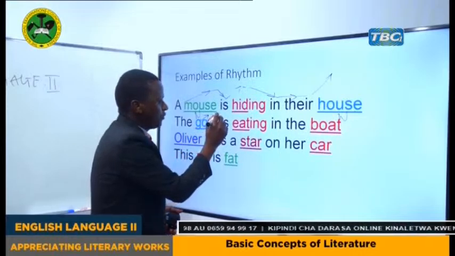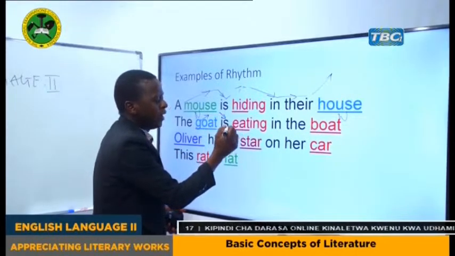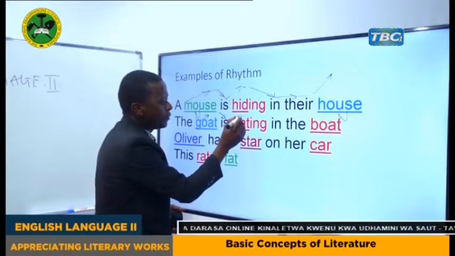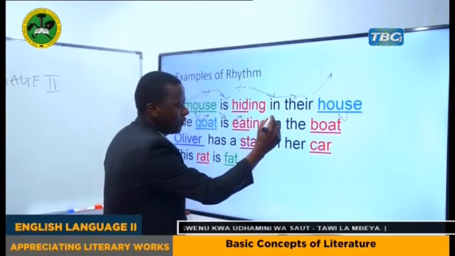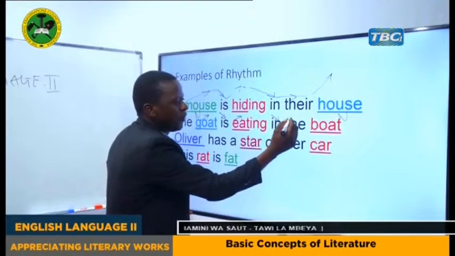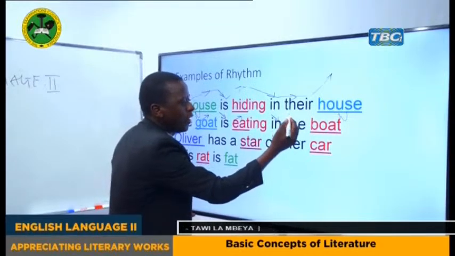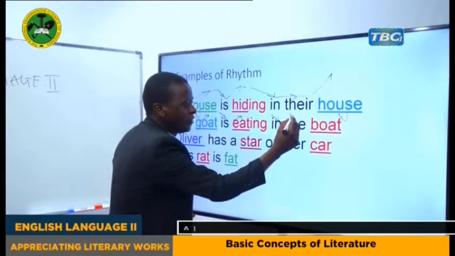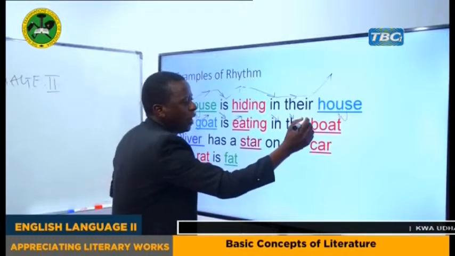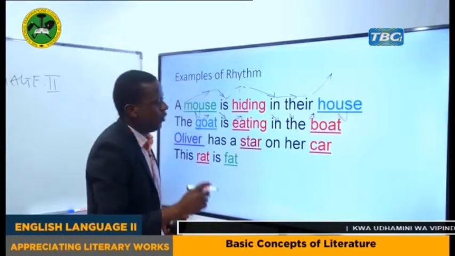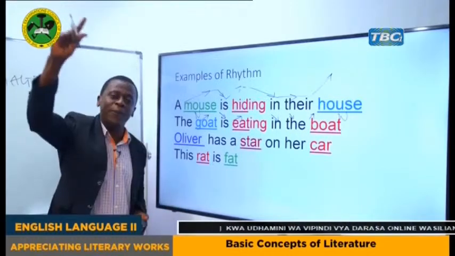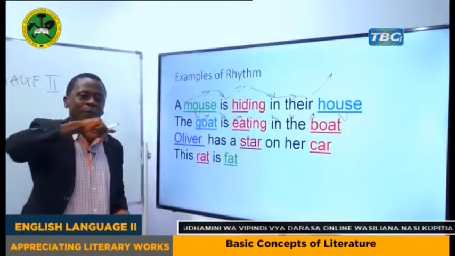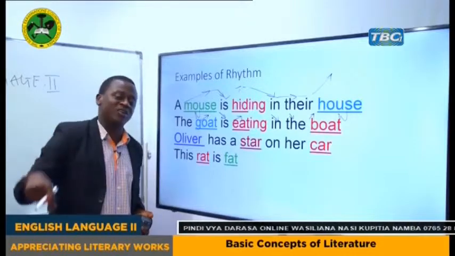Here will go down. Eating will go up. In is a preposition, the voice will go down. There is an article, the voice won't receive a stress. About will receive a stress. So you find for yourself, your poem goes up and down, up and down. The up is stressed and down is unstressed.